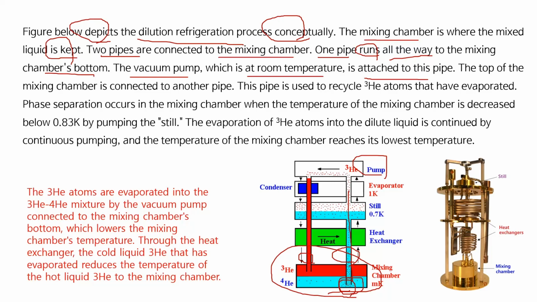The top of the mixing chamber is connected to another pipe, this pipe, not all the way through to the bottom. This pipe is used to recycle helium-3 atoms that have evaporated. So through this pipe, the evaporated helium-3 gas is put into the mixing chamber again.